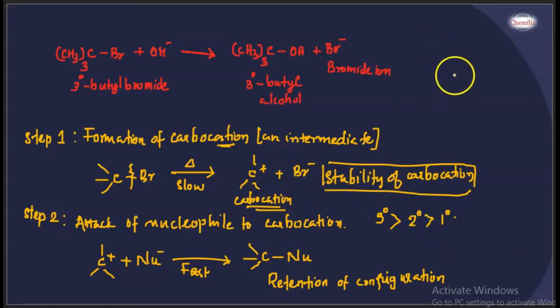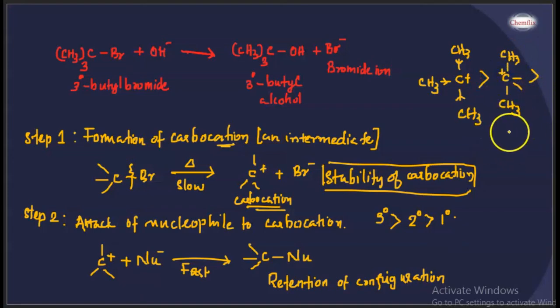In tertiary carbocation, here is CH3, here is CH3, and here also CH3. These are all electron releasing groups, so they will donate the electron pair towards this central carbon having the positive charge. So this one is more stable compared to the others, then primary carbocation, and so on.